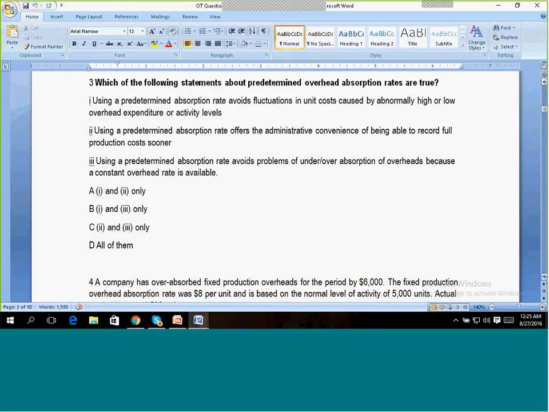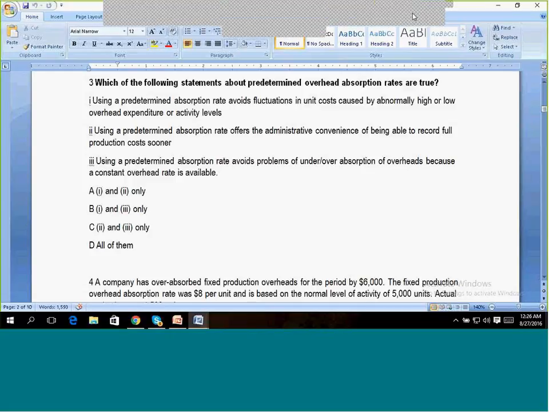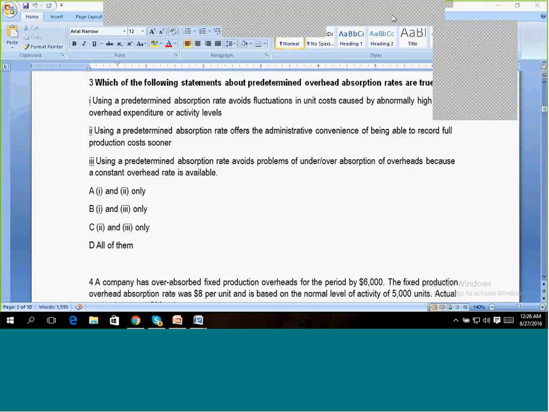About the predetermined, you remember I told you we are going by a predetermined overhead absorption rate, because we can't wait till all the actual costing is done, because at that time everything is too late. So because of that we use a predetermined rate. They are asking which of the following statements are true. That's also another thing: it's not one statement they ask, they ask statements.